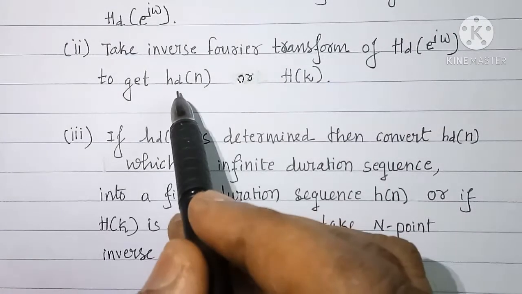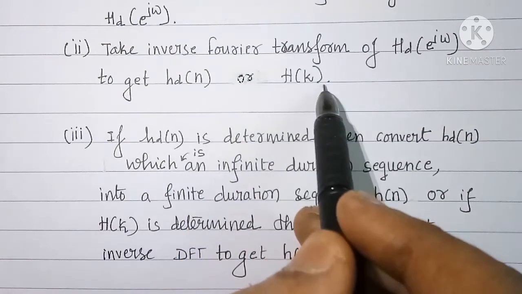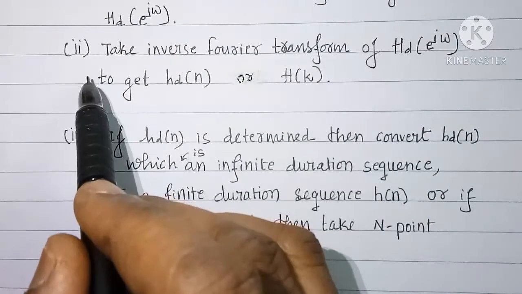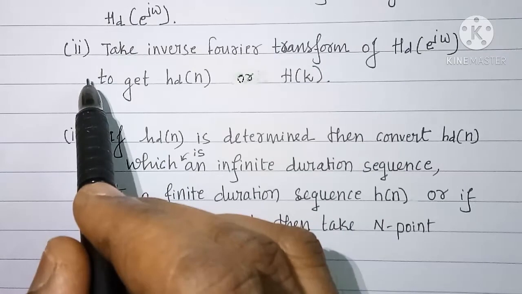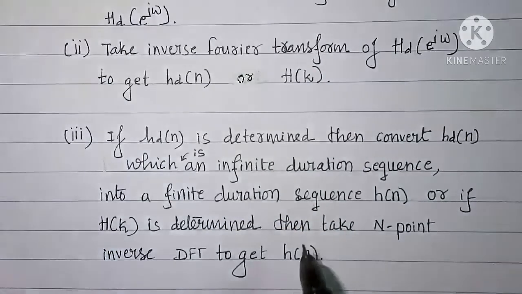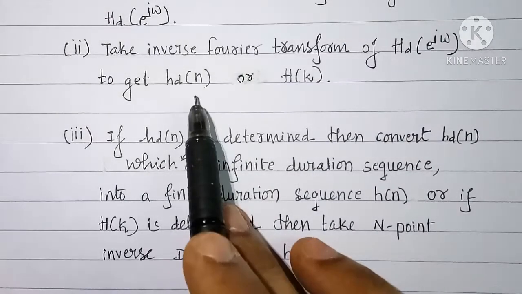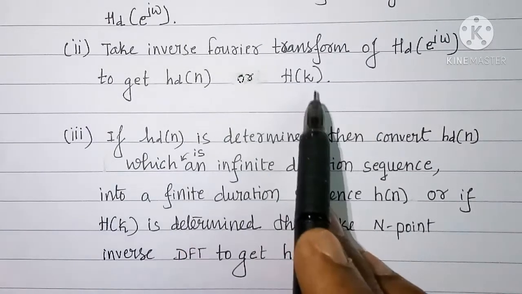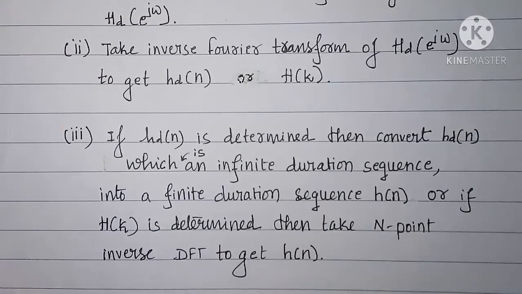Which means whether I find hd of n or h of k, in second step I have to get h of n either from hd of n or from h of k.